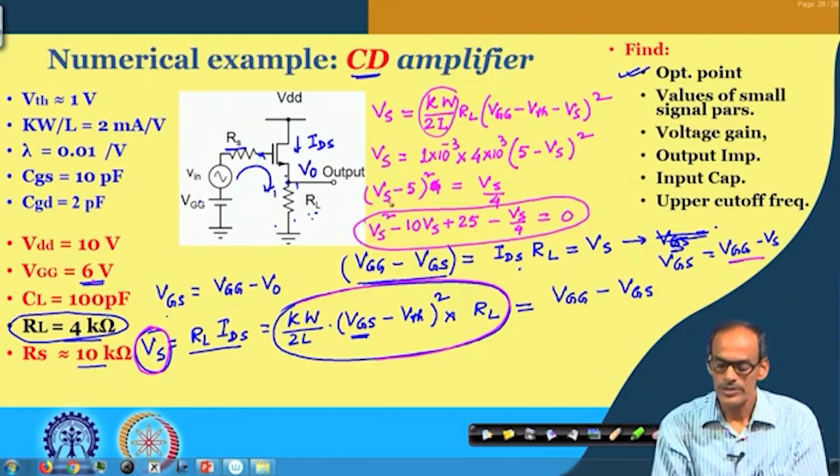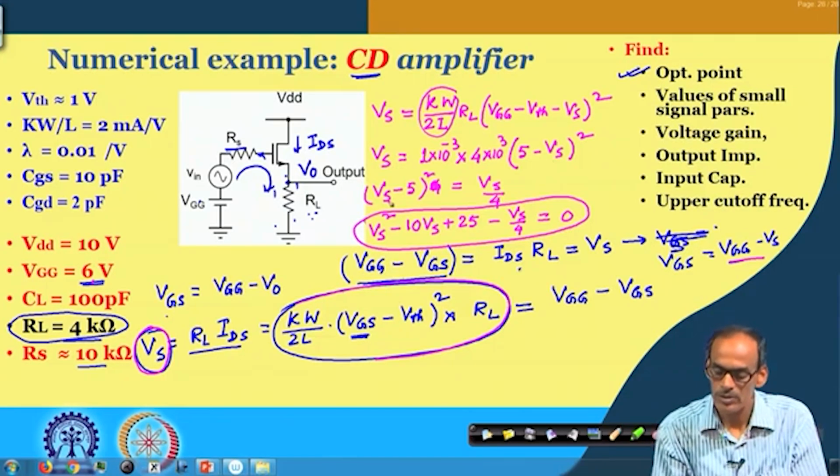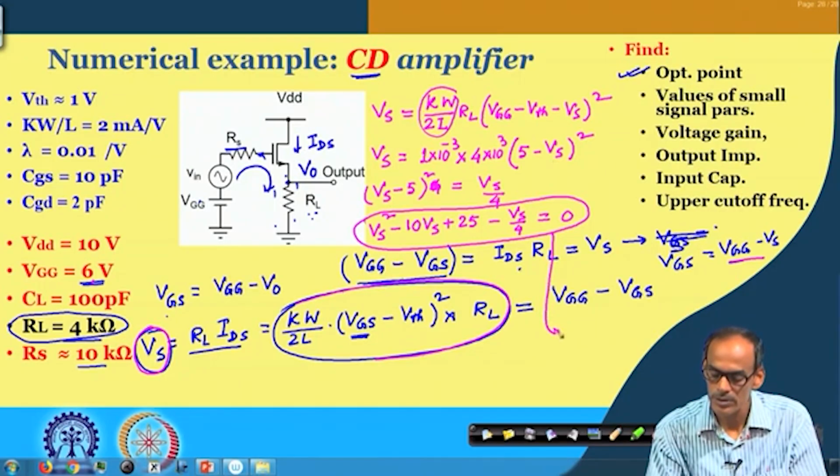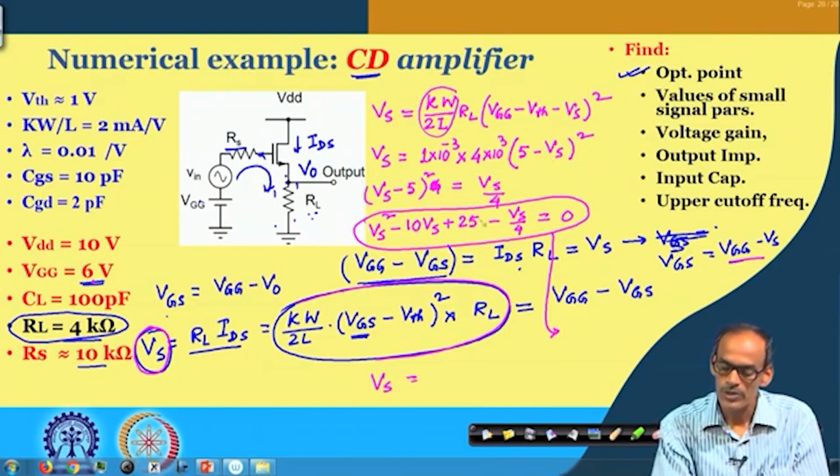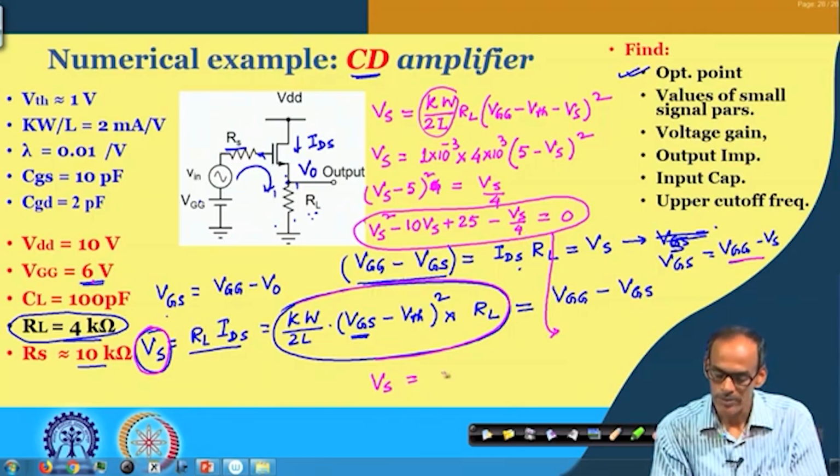Now if you solve this second order equation, the coefficient of V s here is 41 by 4 with a minus sign.